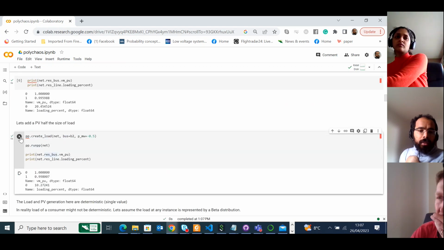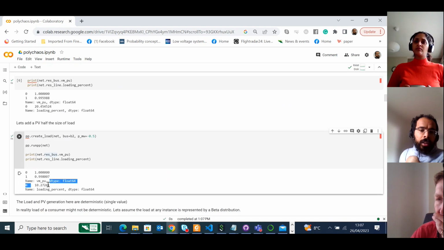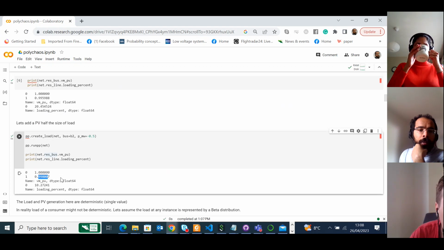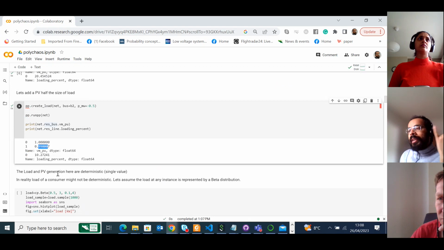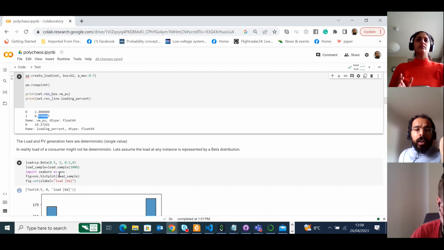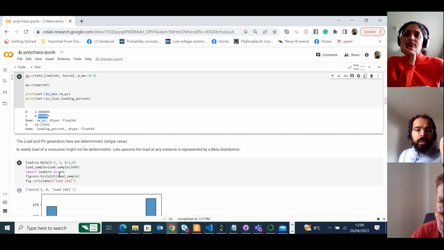The current decreases by half because there is now PV in the same bus, and the voltage increases. So having PV in the system increases the voltage. This is a deterministic power flow: our inputs are load and PV generation, and the outputs are voltage and current. We give a single value for the input and get a single value as output.